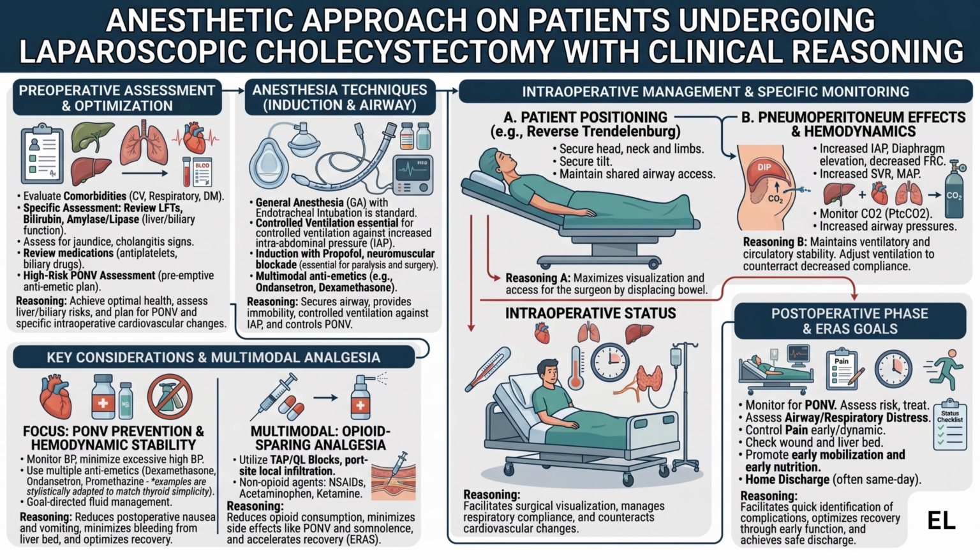Investigations such as bilirubin, liver enzymes, amylase, and lipase are reviewed to identify biliary obstruction, pancreatitis, or liver dysfunction. The patient is also assessed for jaundice, fever, or signs of cholangitis, because infection or sepsis can increase anesthetic risk. Medication history is equally important, especially if the patient is taking anticoagulants, antiplatelet drugs, antihypertensives, or diabetic medications.